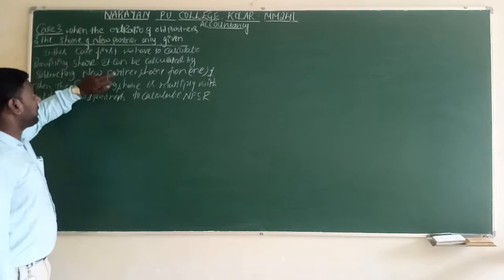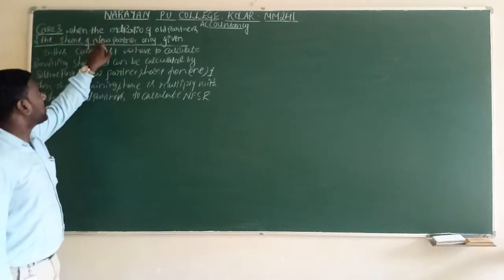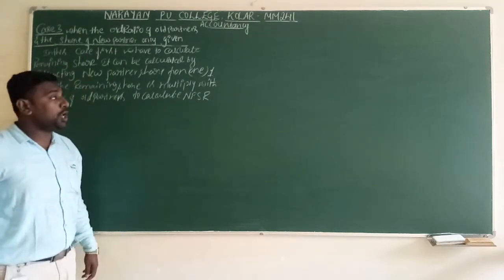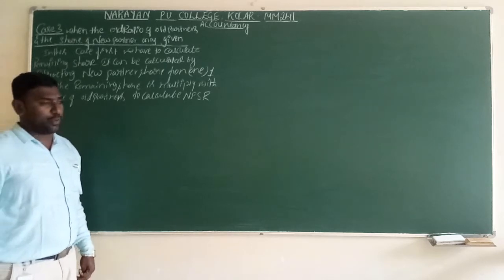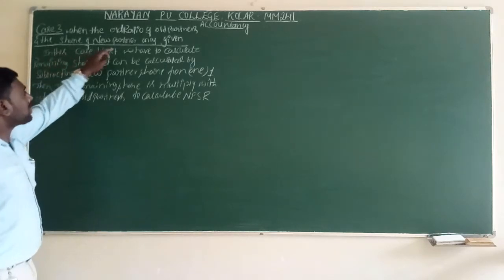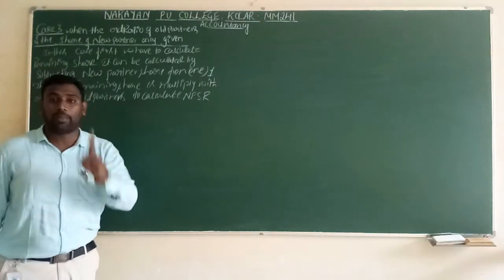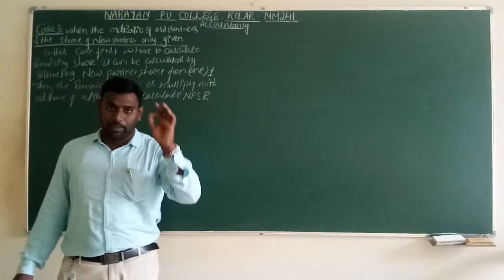But in case number 3, when the old ratio of old partners and the share of new partner only two values will be available in the question, how to calculate the new profit sharing ratio? In this case, first we have to calculate the remaining share. Step number 1 says that we have to calculate the remaining share.